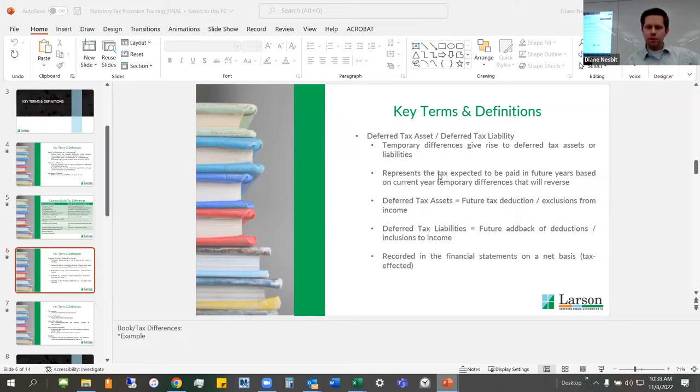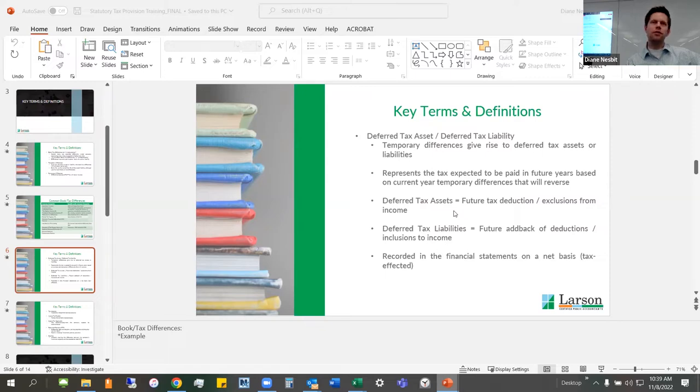And they represent the tax expected to be paid in future years, based on your current year temporary differences that will reverse. So a deferred tax asset is a future tax deduction, or something that you can exclude from income in the future. Whereas your deferred tax liabilities are going to be a future add back of deductions, like we saw with the depreciation.